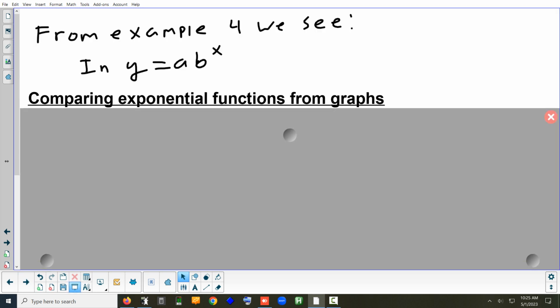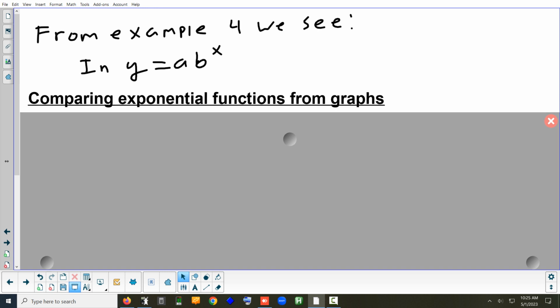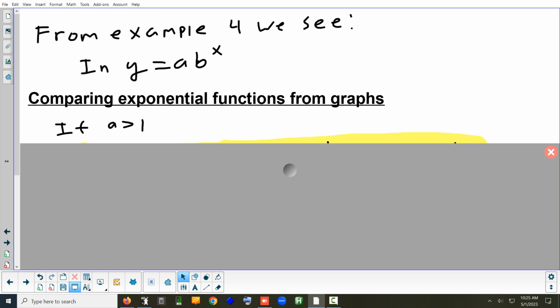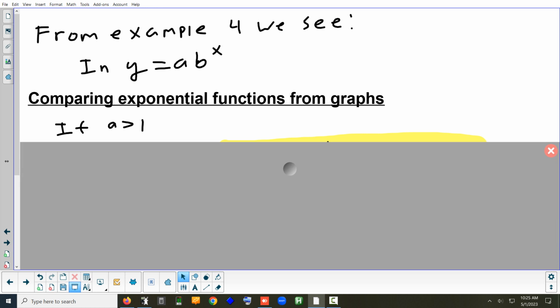All right, so let's write down what happens. This is on comparing exponential functions from graphs. I know we looked at one that had a negative in it. We'll do the negative after. Let's just focus right now on if it's a positive value.